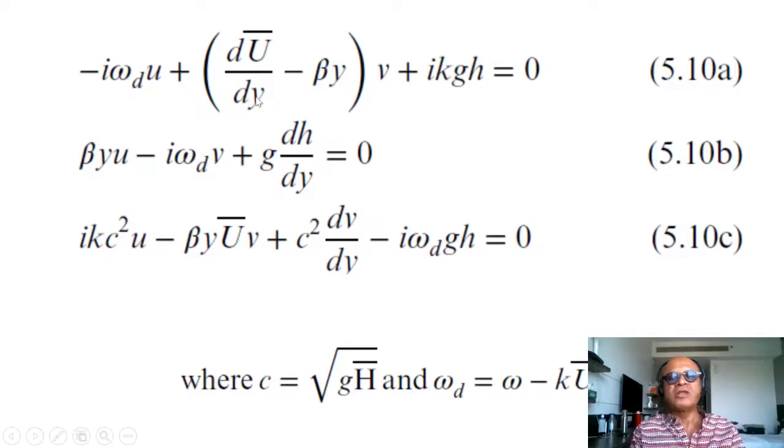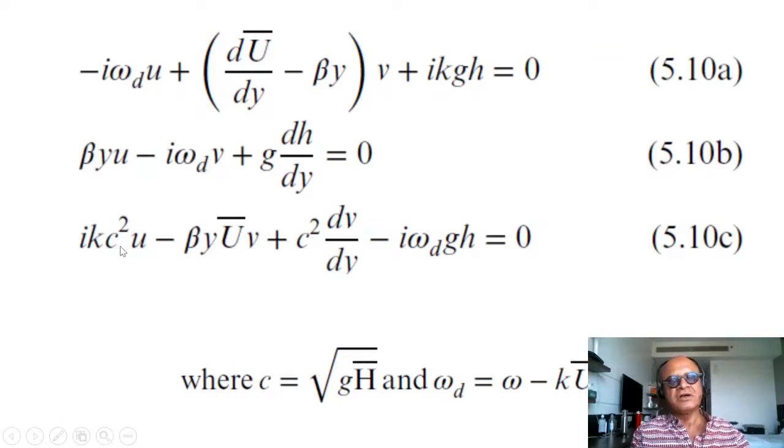So this du bar/dy is the relative vorticity, and this is the planetary vorticity advection by the meridional perturbation current, and this is the mass term or the potential energy term. Then you have the Coriolis term and the height change in the y direction, which is going to perturb u prime, obviously.